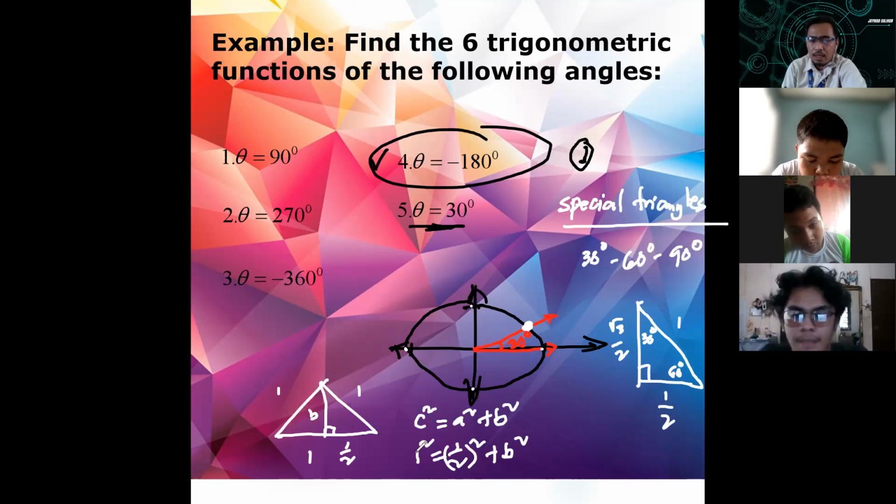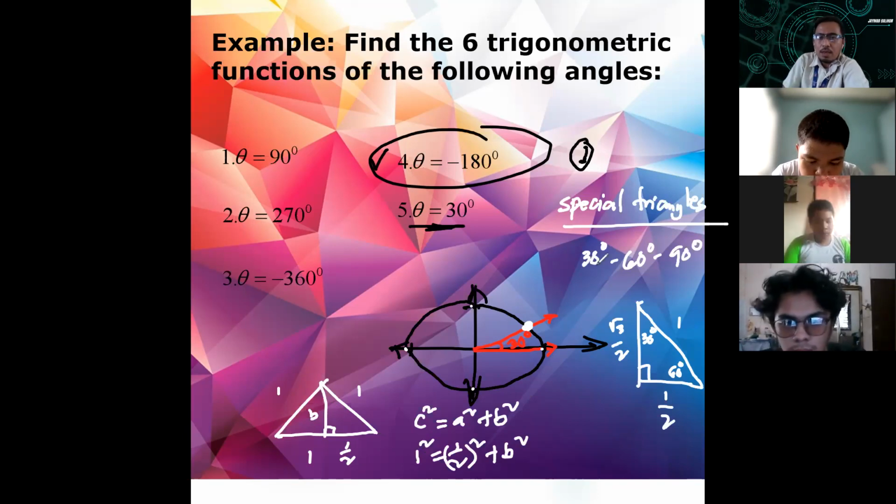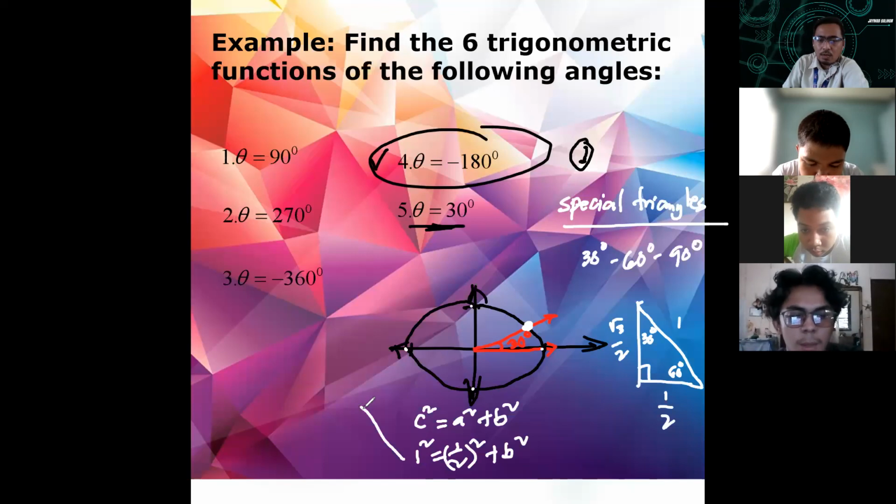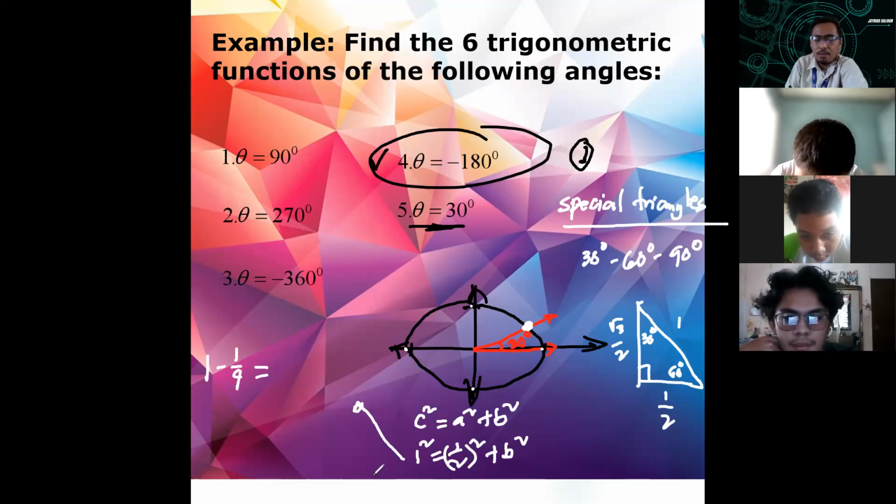So if you solve that, let me erase this portion. If we continue solving for b, it will be 1, you can transfer it to the other side, minus 1/4, because 1/2 squared is 1/4. Minus, because it was transferred to the other side, equal to b squared.